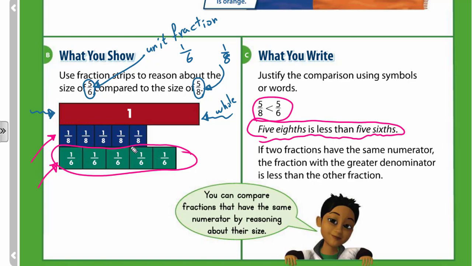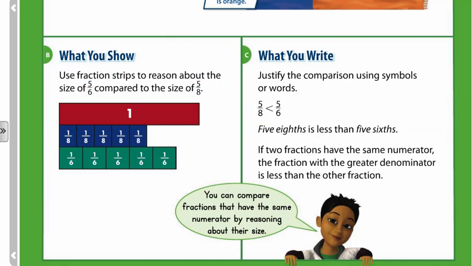Okay, Ibrahim. Yes. Okay, Ibrahim first. Yes, yes. Okay, how to compare fractions like these two fractions? I will focus on this line. Okay.